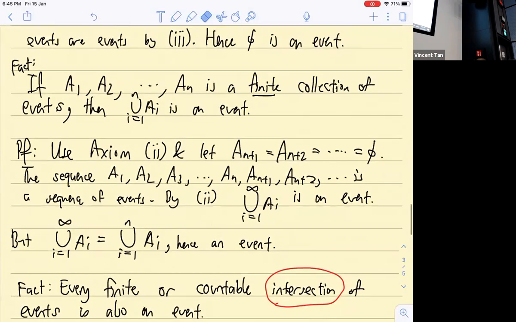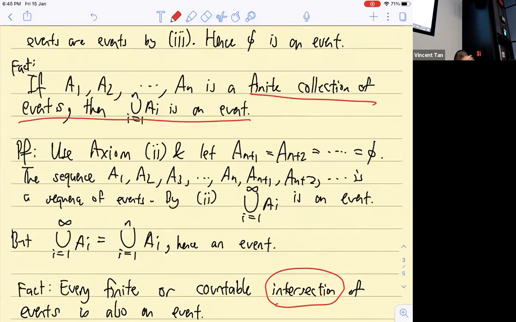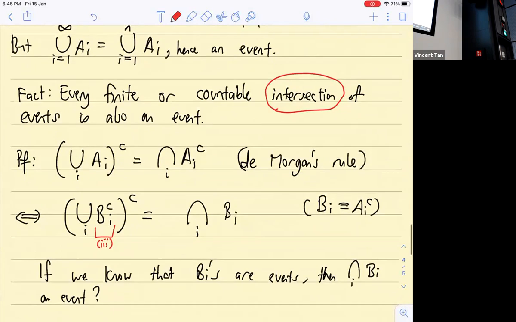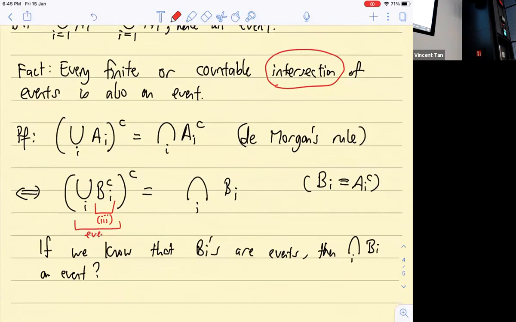Finite collection, finite union is also an event. So regardless of whether we are infinite union or finite union, we are an event. So this is an event, by one of the axioms for the countable infinite case, or one of the facts for the finite case.